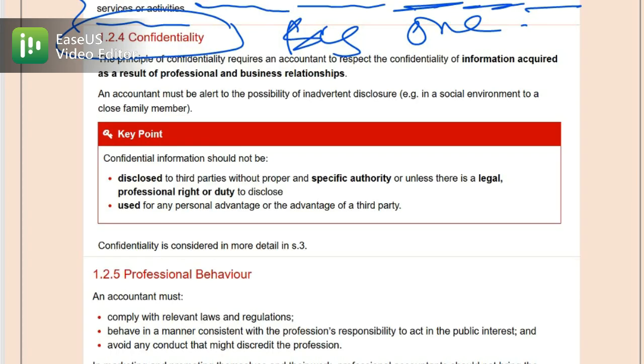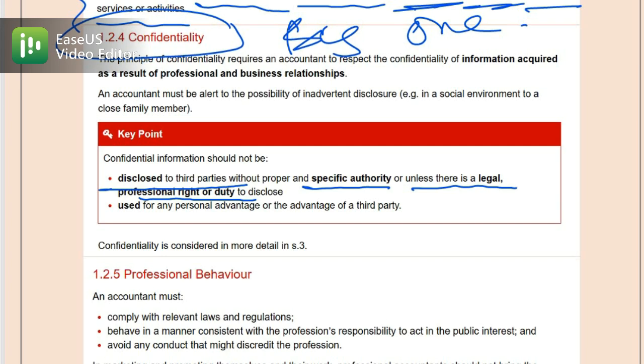It should not be disclosed to third parties without proper and specific authority unless there is a legal or professional right or duty to disclose.